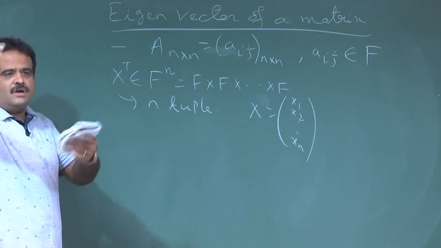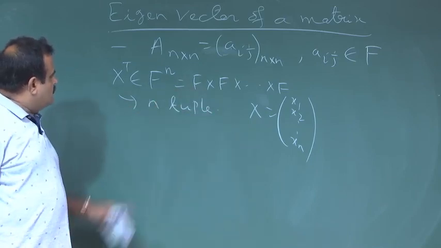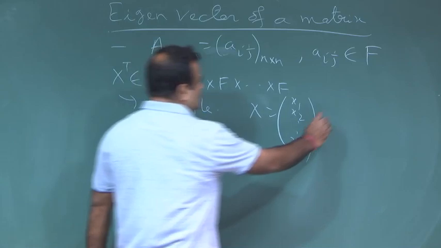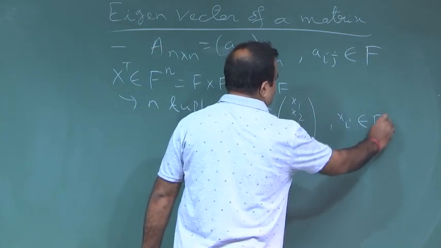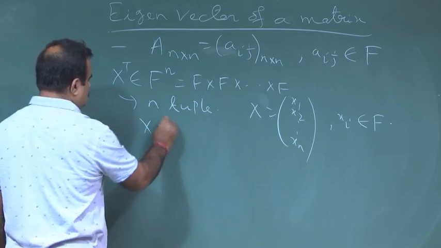Either you write it in row way or column way, this is an n-tuple and the elements come from the field, all of these x's are from the field, and x is non-zero.